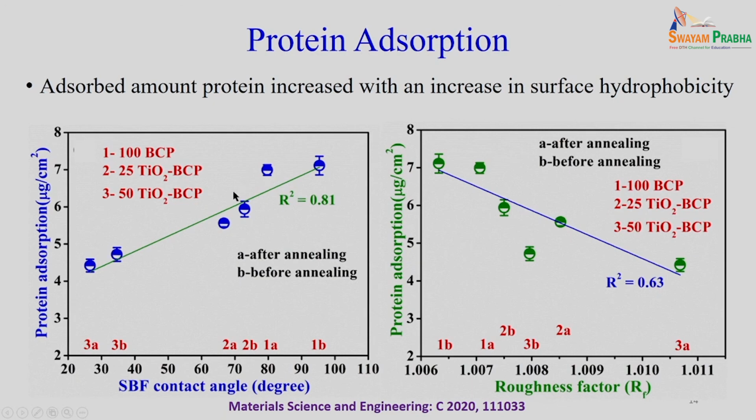Depending on the ratio of TiO2 and BCP, we are observing the highest adsorption for the 100% BCP, then for the 25% TiO2 and 75% BCP it is decreasing, then for the 50% TiO2, 50% BCP it is further decreasing.